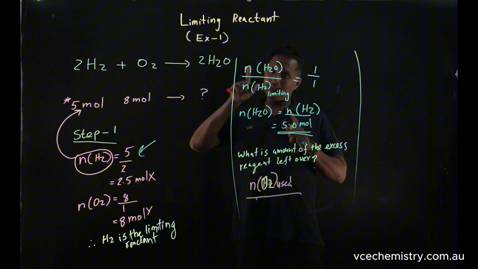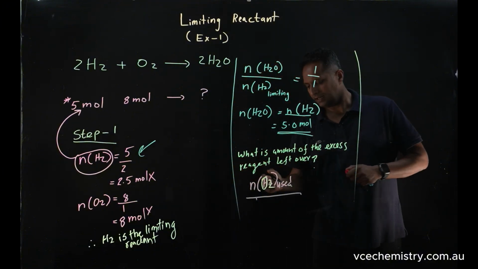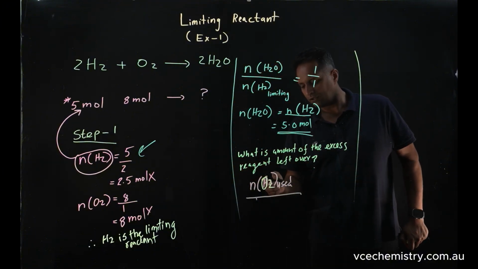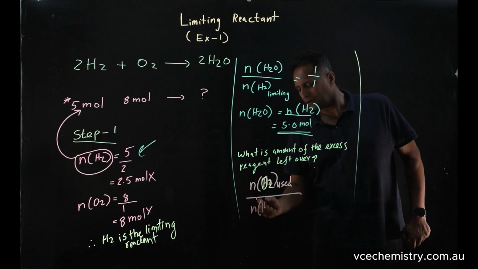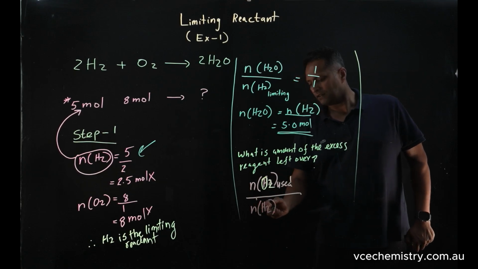That's our excess. In order to do that, you need to find the number of moles of oxygen used. Your known is going to be the number of moles of hydrogen, which is our limiting.